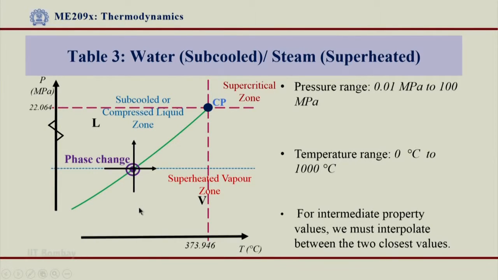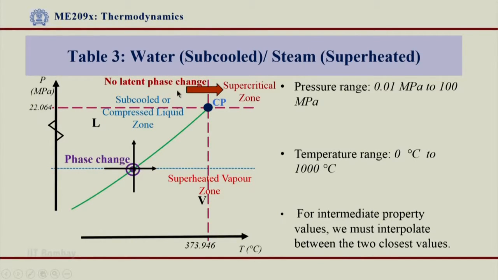What will happen if it is beyond the critical temperature and pressure? For example, here the initial pressure, although it lies in subcooled region, if the pressure is more than the critical pressure, that means if the pressure is more than 22 MPa, and if I go on increasing the temperature, I will not hit this LV line anymore because my pressure was more than critical pressure.